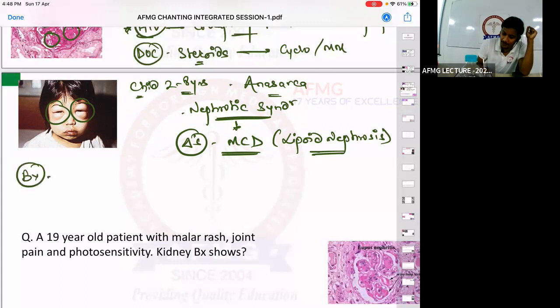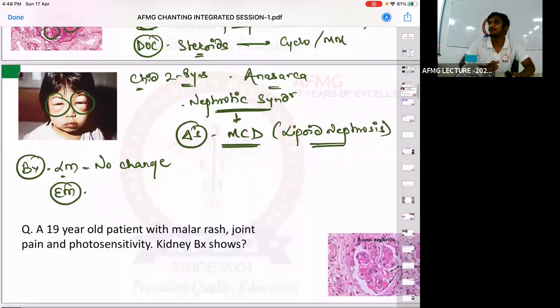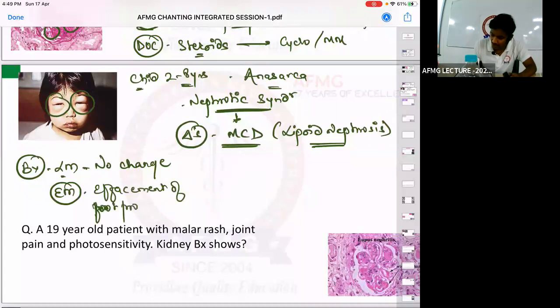Because on kidney biopsy the light microscopy finding would be absolutely normal. But on electron microscopy we can find effacement of foot processes of podocytes, meaning flattening.